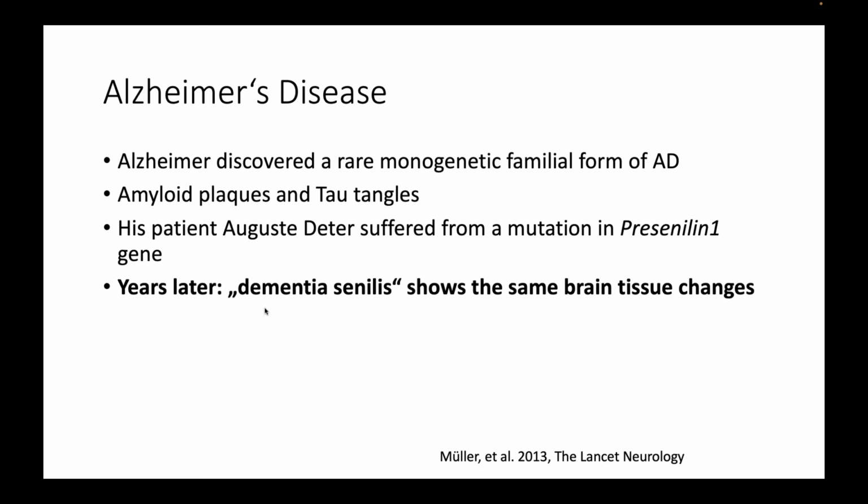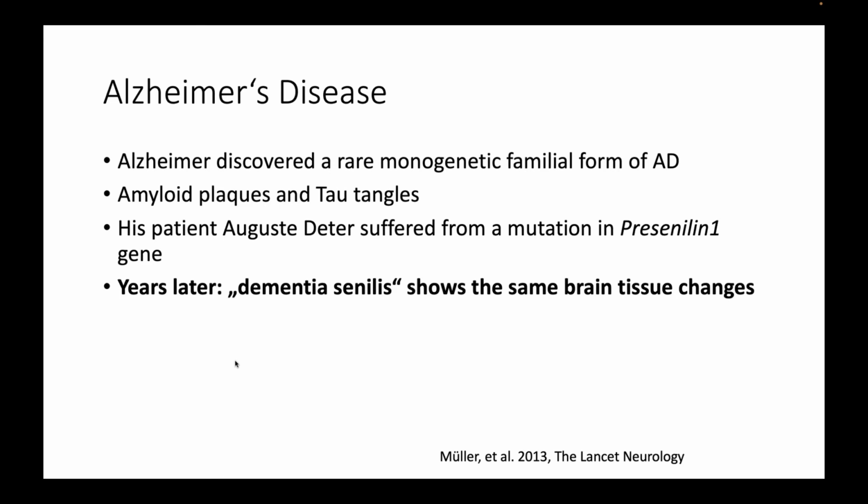And now we know that in the plaques we have amyloid beta, and in the tangles we have tau protein, of which Alois Alzheimer was not aware. And interestingly, the patient Auguste Deter suffered from a rare monogenetic form of Alzheimer's disease, which makes up about 1% of the Alzheimer's cases. And this is also the reason why she suffered at such a young age from this disease.